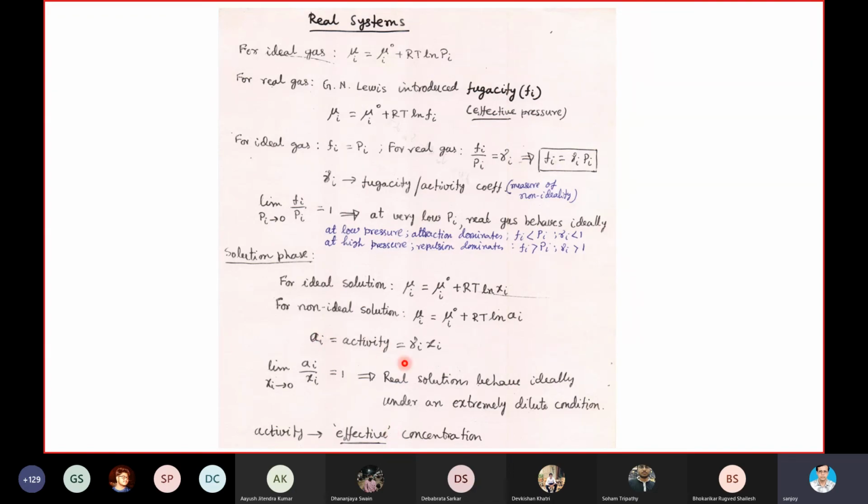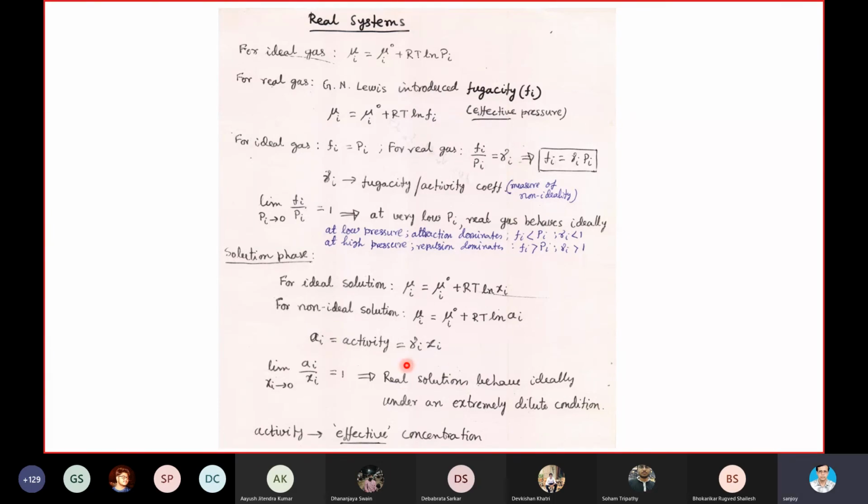So again, a_i will be equal to x_i if gamma equals 1, that means for an ideal solution. Otherwise, they will be different. This is the limiting value when a real solution will behave ideally. At infinite dilution, or under extremely dilute conditions, a real solution will behave ideally.